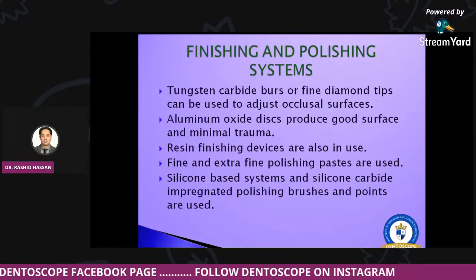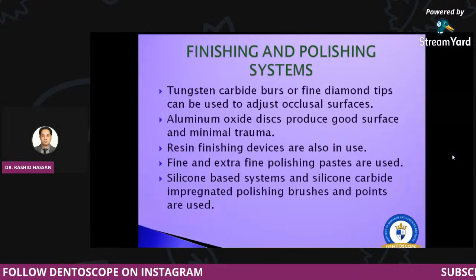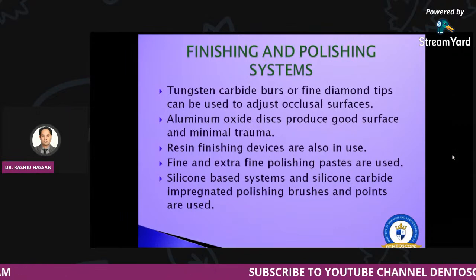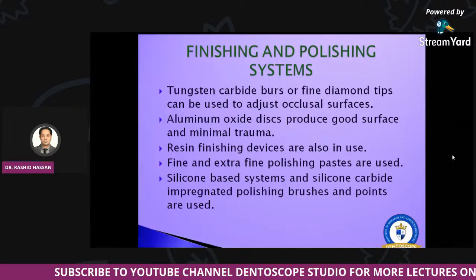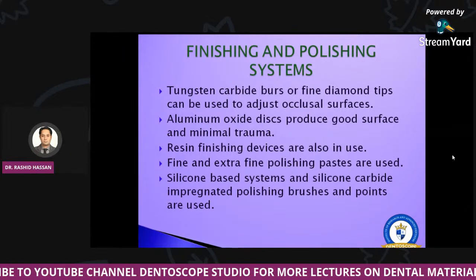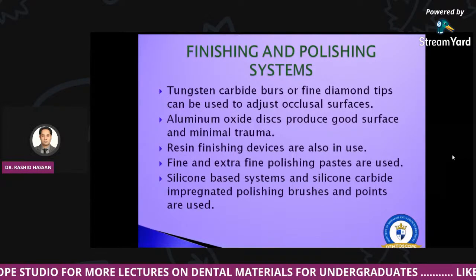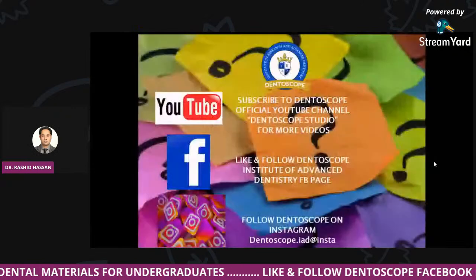Our restoration should be polished, it should not have any rough surface, because I mentioned that the rough surface was a very big problem in the case of the traditional composite. That's why finishing and polishing is very important. Then silicon based systems and silicon carbide polishing brushes are also available in the market. They are slightly expensive but they provide the best results.